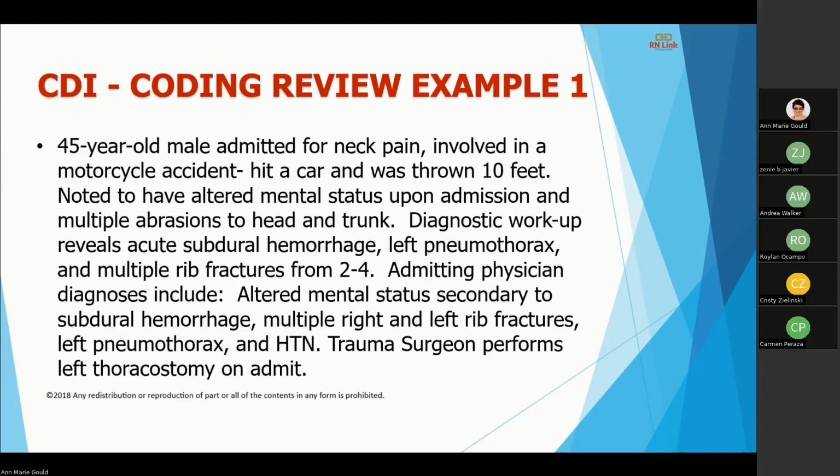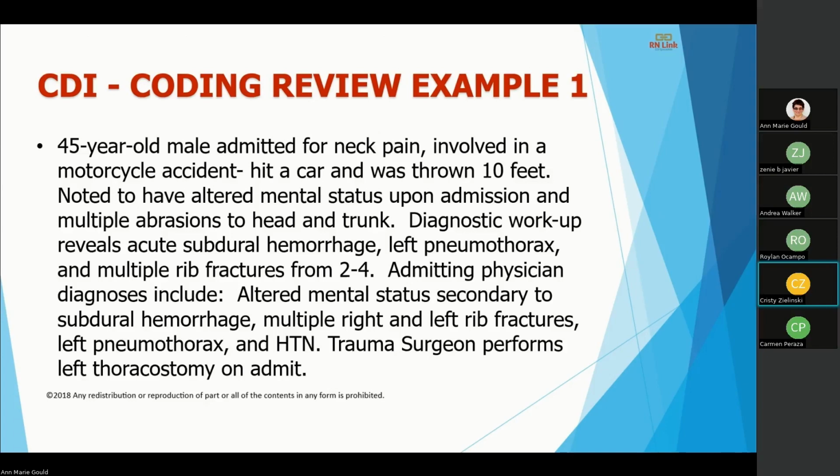Okay, let me tell you. Potential query would be the altered mental status, right? It could be encephalopathy, but since encephalopathy is a high risk for denials, you just want to make sure this is just admitting documentation. So follow it up and see if it's really an encephalopathy, because I know it says altered mental status secondary to subdural hemorrhage, but the altered mental status itself, is it encephalopathy?